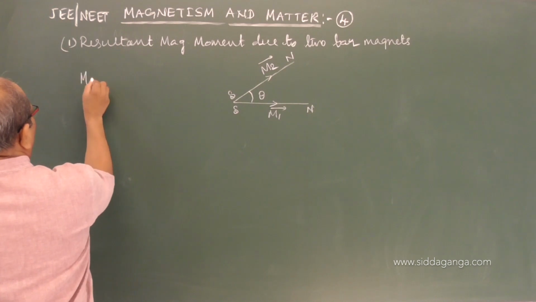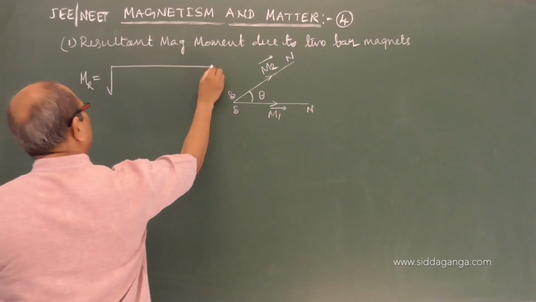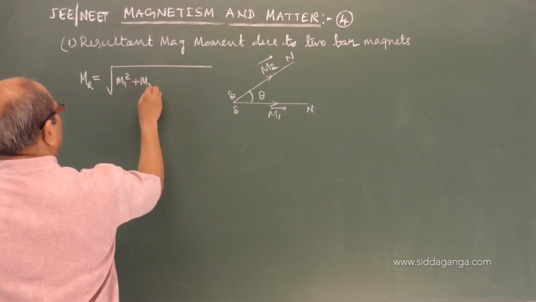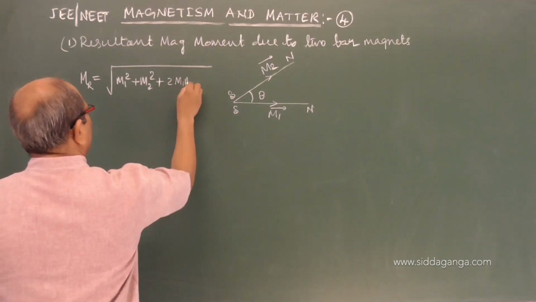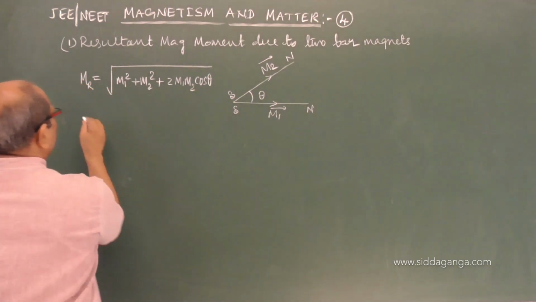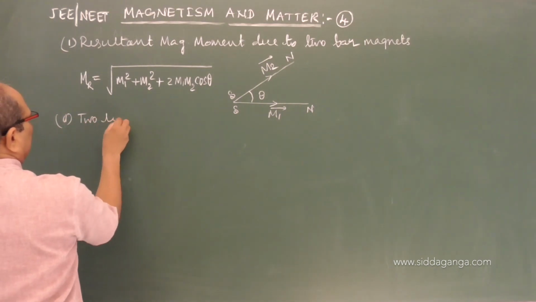The magnitude of the moment is equal to the root of m1 square plus m2 square plus 2 m1 m2 cos theta. This is the case when two like poles are kept together.